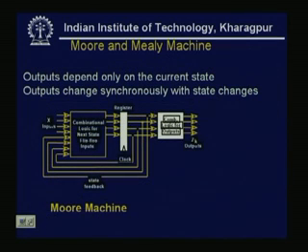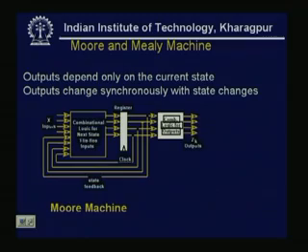Now, we define two general or conventional machines. Normally, any type of machines is classified as Moore machine and Mealy machine. Now, what do we mean by Moore and Mealy, that we define now.